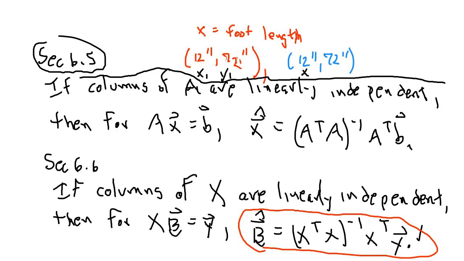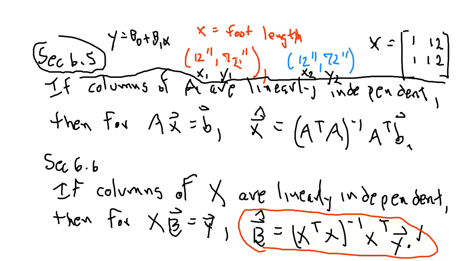Okay, that is your X2, Y2. So if your model is Y equals beta naught plus beta 1 x, then the design matrix X for this example is going to have a 1, 1 and a 12, 12.